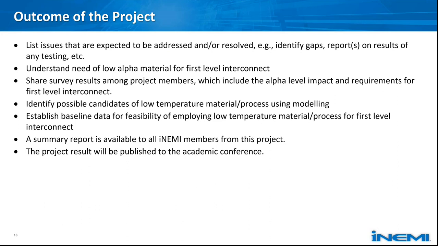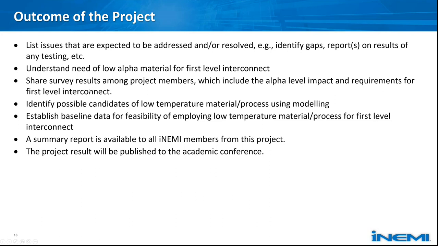The second key outcome of this project we expect is understanding the need for low alpha material for low temp solder first level interconnect and sharing the survey results among the project members, including this low alpha level impact and requirement of this first level interconnect.